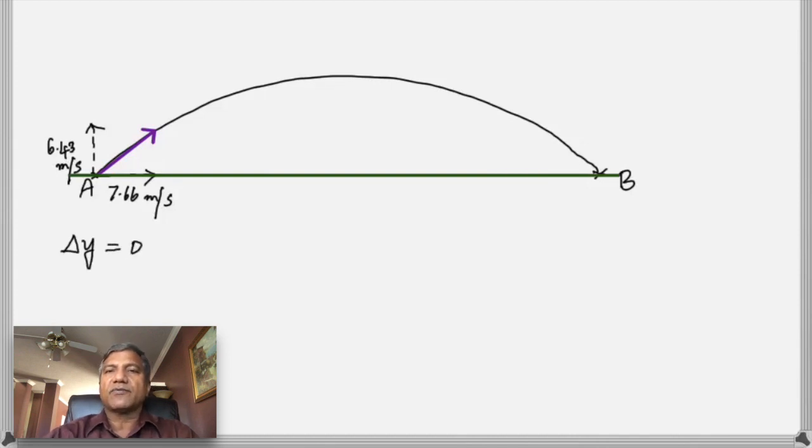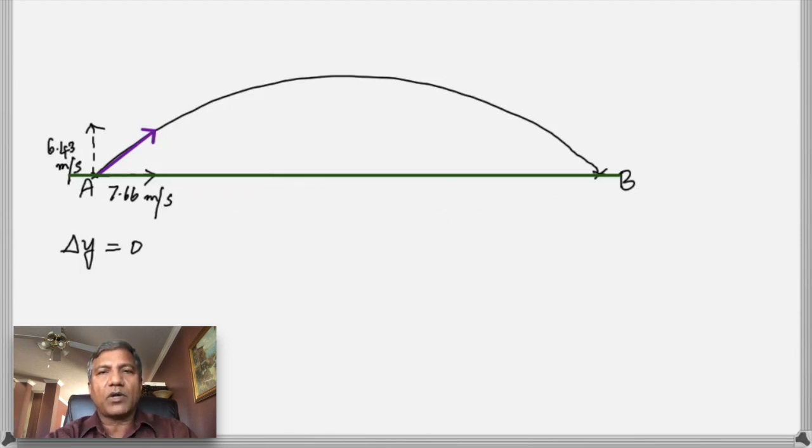What we're trying to find is how far away this stone hits the ground. So it starts from A, it ends at B, and we want to see how much the distance AB is. Since that's a distance along the x-axis, we will call it delta x.